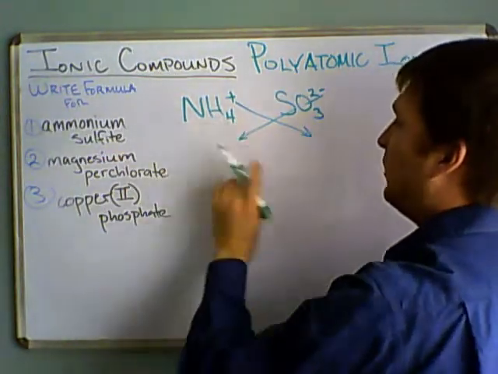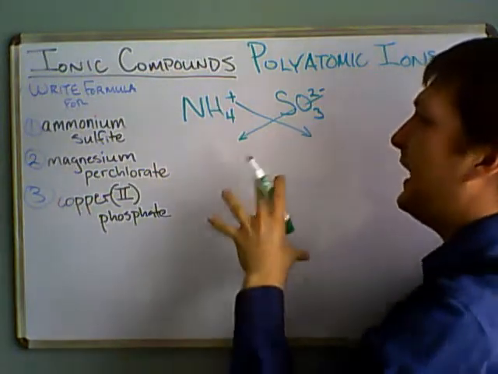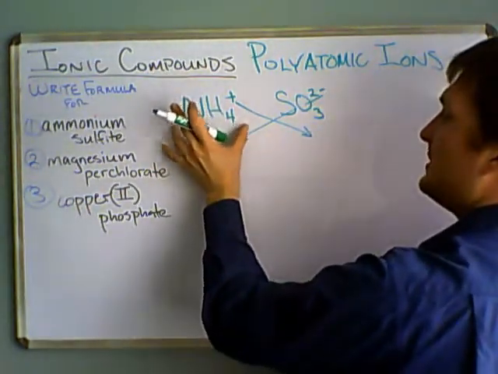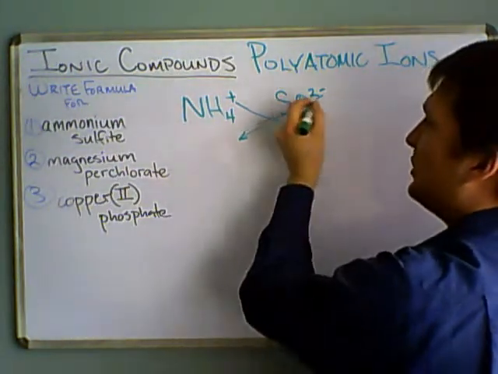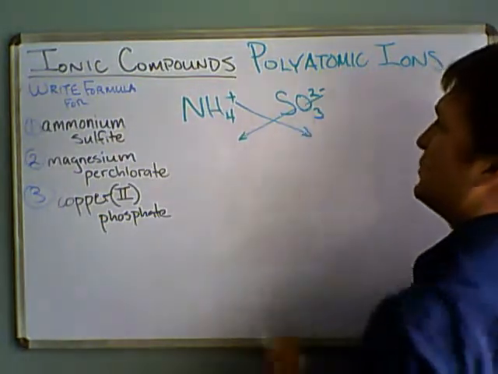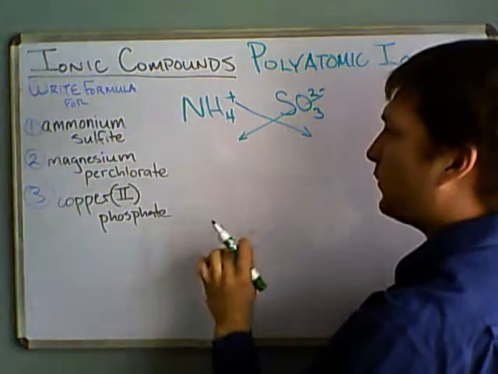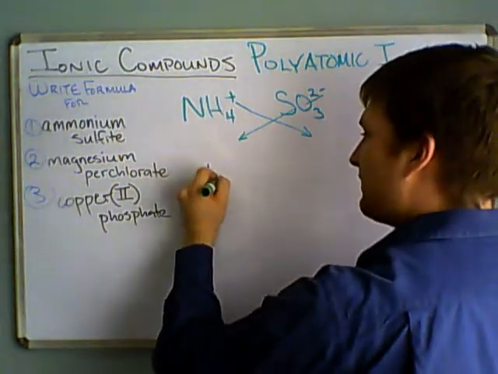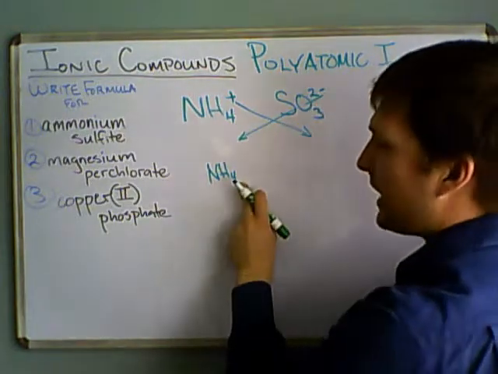What's behind that trick is how many of these it takes to balance out this charge. It's going to take 2 1+ to balance out this 2-. So NH4, we write that first, and now we need a 2 down here.